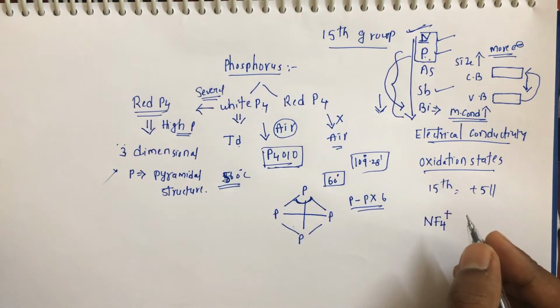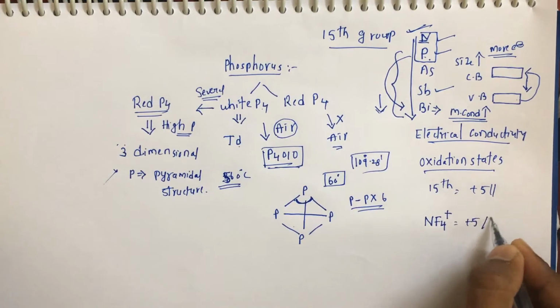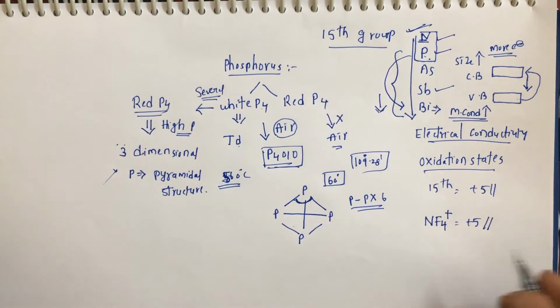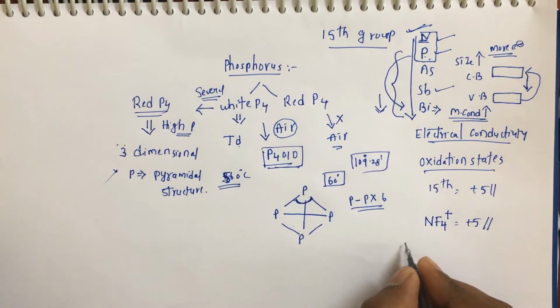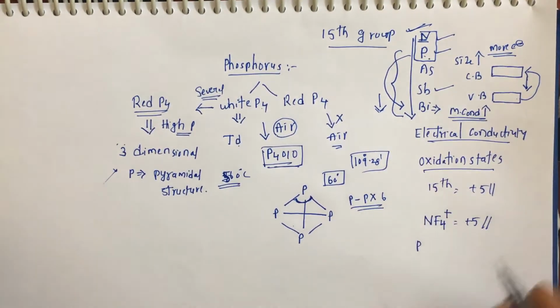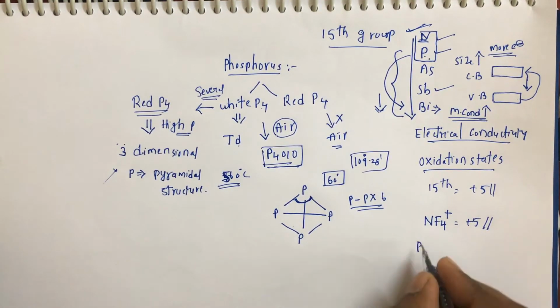In other cases it's not possible for nitrogen to show +5. The remaining elements, phosphorus, arsenic, antimony and bismuth, can show the +5 oxidation state. This is what we have to remember about oxidation states.